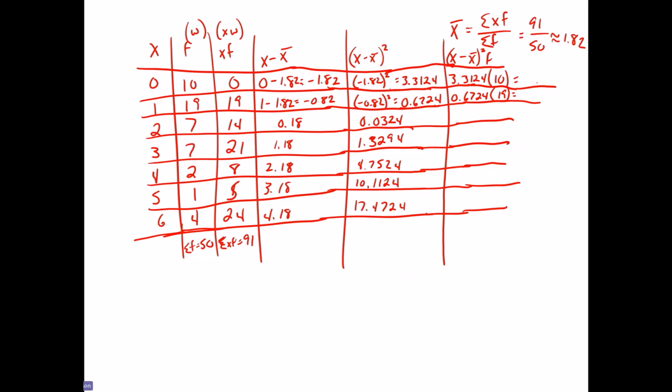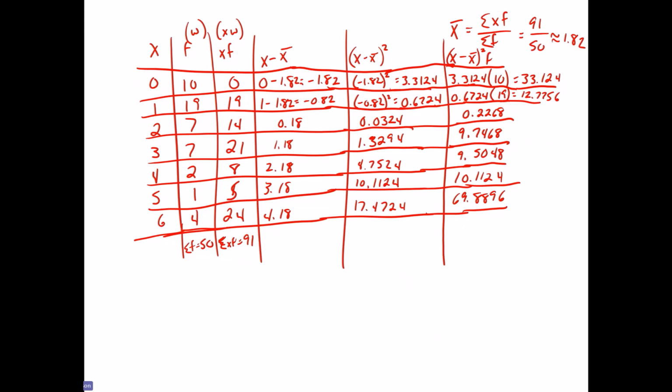If we do that, that gives us 33.124, 12.7756, 0.2268, 9.7468, 9.5048, 10.1124, and 69.8896.